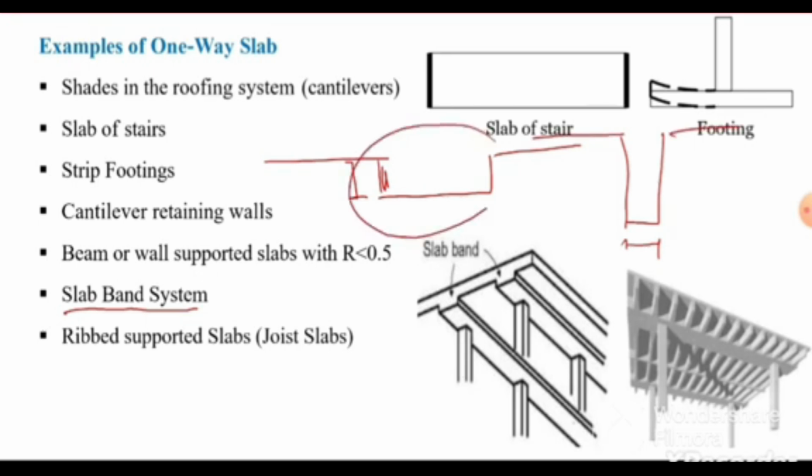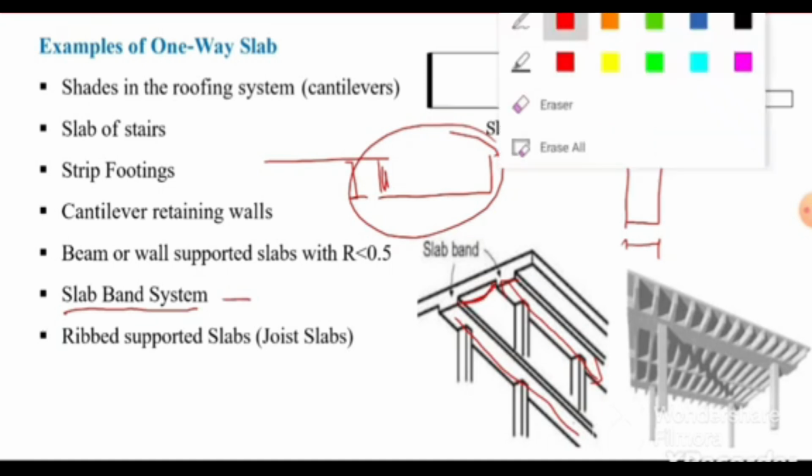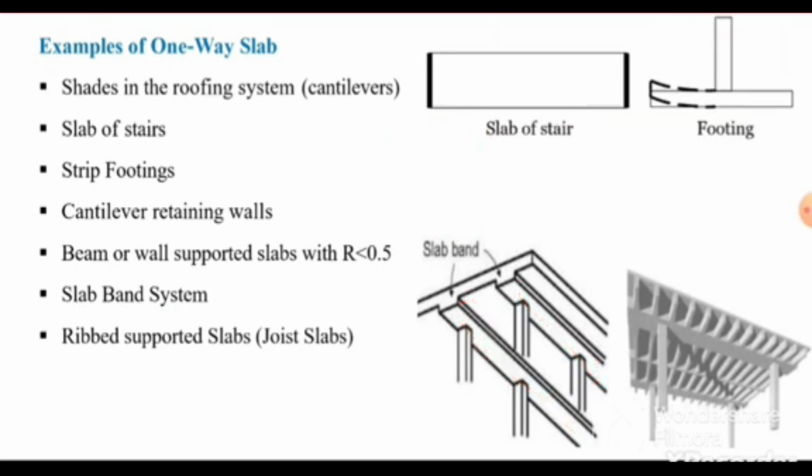If these bands run along the central line of the columns, and these bands are only in one direction, then the slab in between these two bands will be considered a one-way slab. If we see in this figure, this much slab will be considered a one-way slab. It will be bending in this direction.